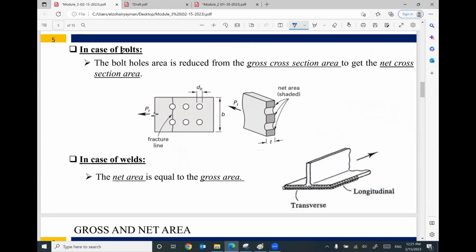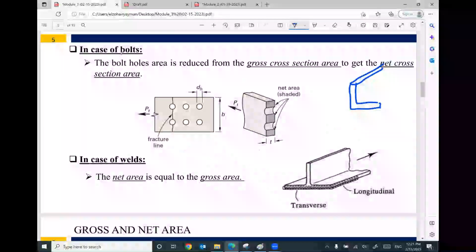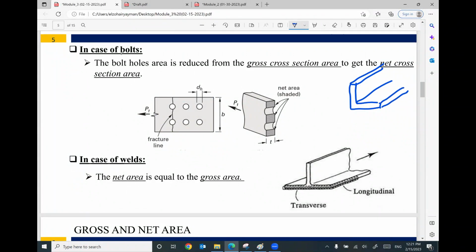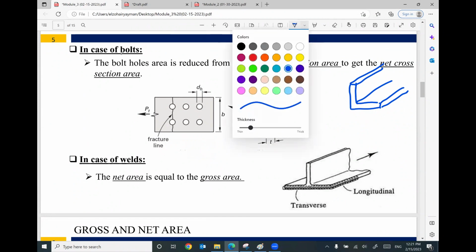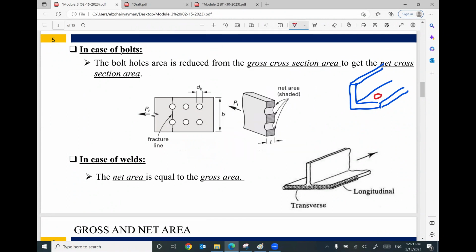What do you mean by the effective net area? Let's talk about this in this slide. In case of bolts, this angle will be connected to a connection or gusset plate or whatever using bolts. If you would like to put bolts here to connect with another member, that means you need to create holes and then put your bolts.